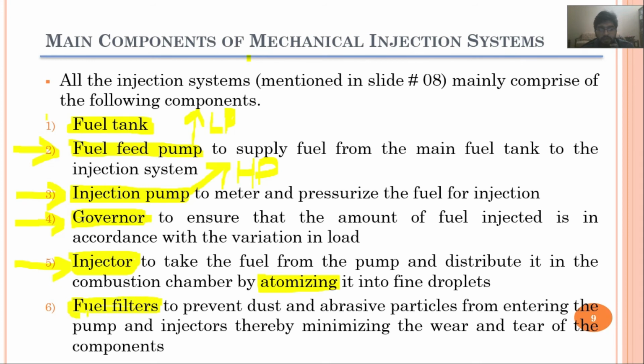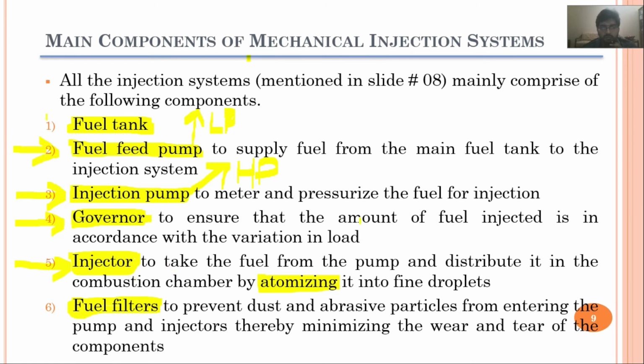These fuel filters are placed before the injection system, and what they do is remove the dust and some abrasive particles before the fuel enters the pump and injector, thus reducing the wear and tear of the components in the mechanical injection system. So we have studied so far the 6 components.